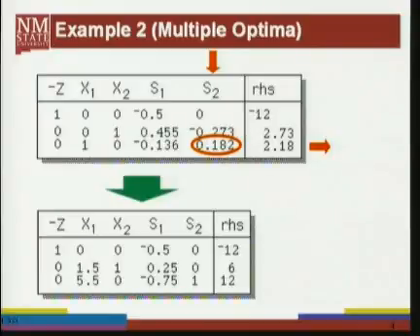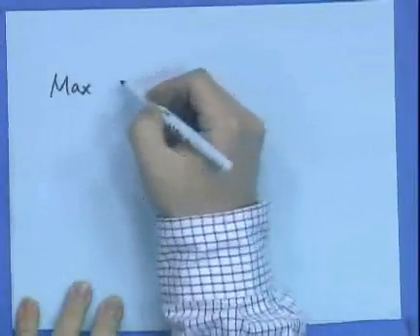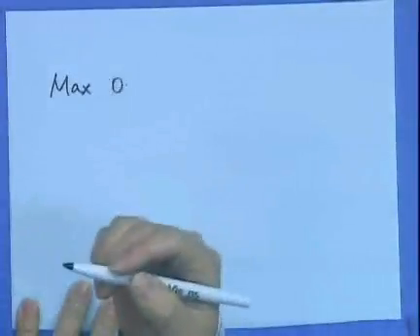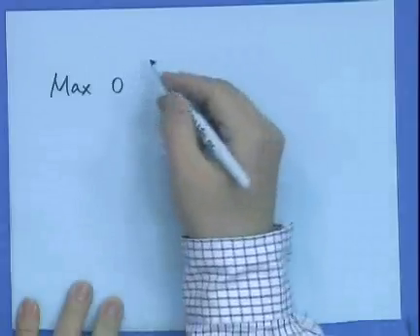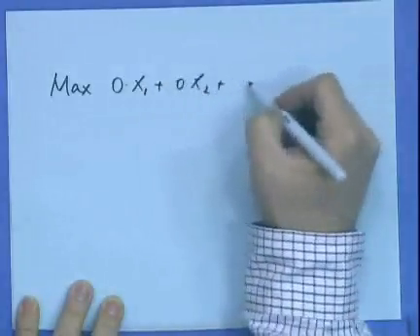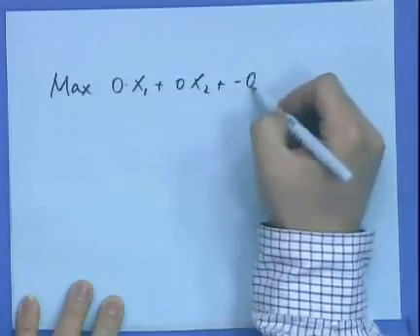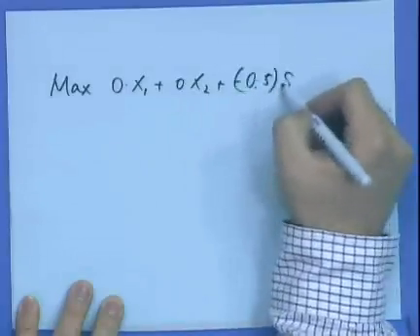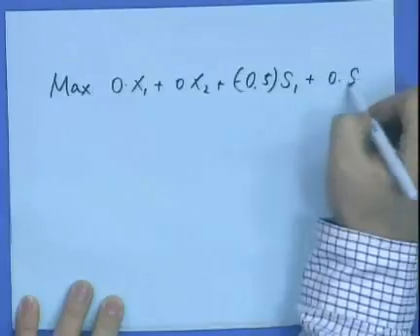And because the current objective function is maximize 0 times x1, this is the current objective function, right? Based on the current simplex table, 0 times x1, 0 times x2, and minus 0.5 s1 plus 0 times s2, right?